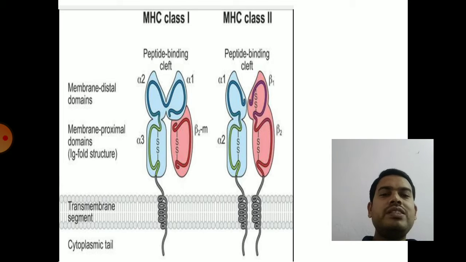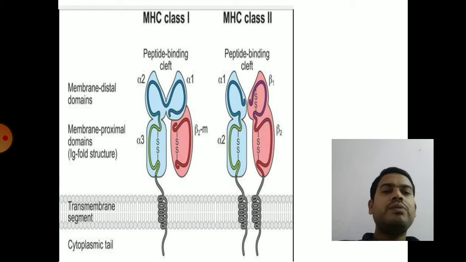In the class 1 MHC molecule, you can clearly see the alpha chain with alpha 1, alpha 2, alpha 3, a transmembrane structure, and beta 2 microglobulin attached to the alpha chain, a non-transmembrane structure. That beta 2 microglobulin is absent in class 2 MHC molecule. Class 2 MHC molecule contains the alpha 1, alpha 2 alpha chain and the beta 1, beta 2 beta chain.